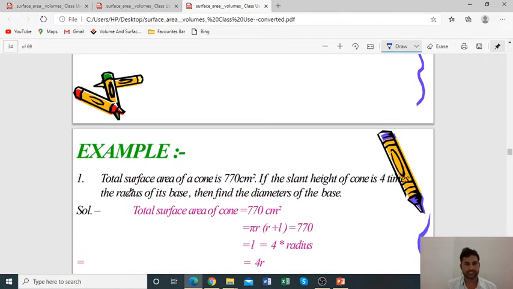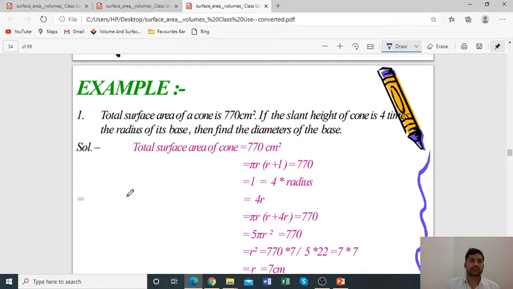Okay. First example. Total surface area of cone is 770 square centimeter. If the slant height of the cone is 4 times the radius of its base, then find the diameter of the base.